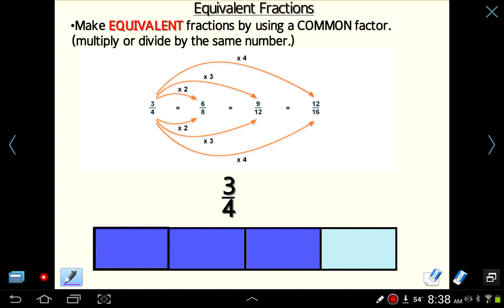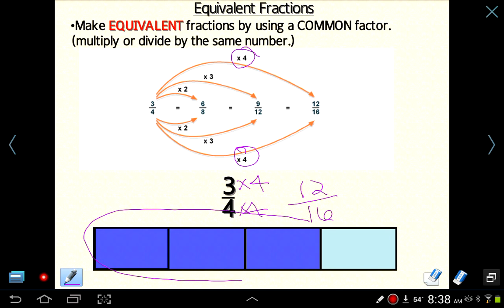The next one here, let's say we're multiplying by 4. Hopefully you get the picture by now, but I'm going to multiply the top by 4 and the bottom by 4. 3 times 4 is 12. 4 times 4 is 16. Now when I multiply by the factor of 4, I should get 12/16. I should get 12 in the shaded blue region, and in the entire region I should have 16 parts.